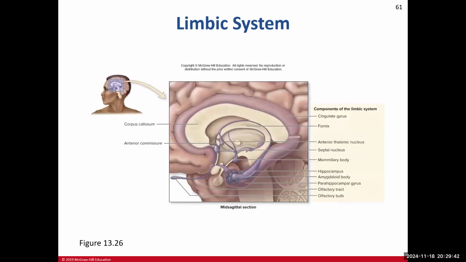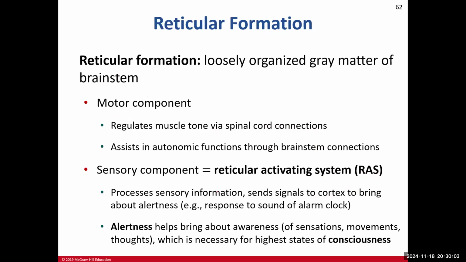So when you look at the picture here, here's the limbic system. All of these structures here, except for the corpus callosum and the thalamus, but you've got the cingulate gyrus here. You can see the hippocampus and the parahippocampal gyrus here. All of these various things are part of your emotional brain, right? So keep that in mind.